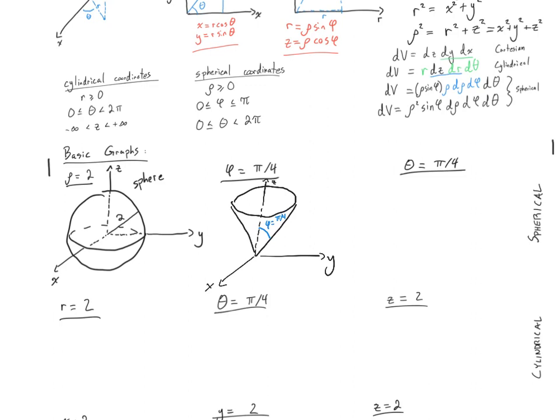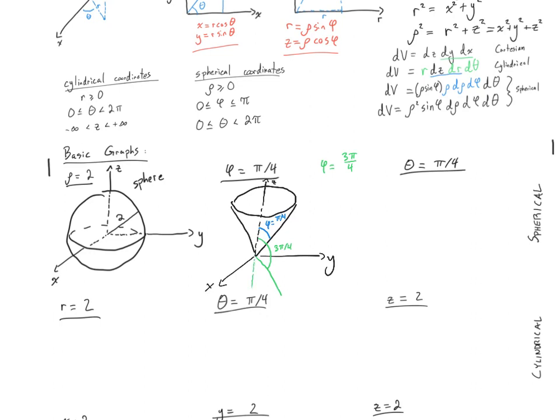If phi is, let's say, getting closer to pi, so 3 pi over 4, then this angle that you'd have would have to extend all the way, here's pi over 2, would have to go all the way to 3 pi over 4.